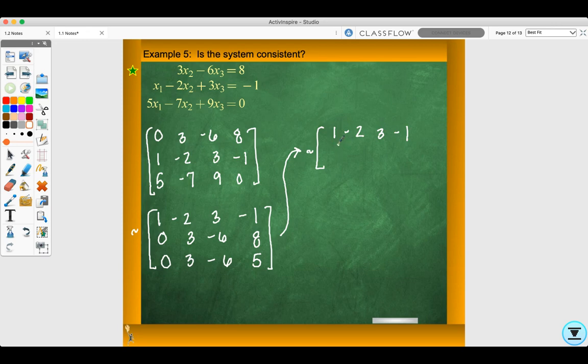My second row, I'm not doing anything to, but I'm taking the negative of my second row and adding it to my third row, and I'd get 0, 0, 0, negative 3. So when I get that, right here, 0 can never equal negative 3. I have to have a 1 there. So therefore, the original system is inconsistent because 0 can never equal negative 3.